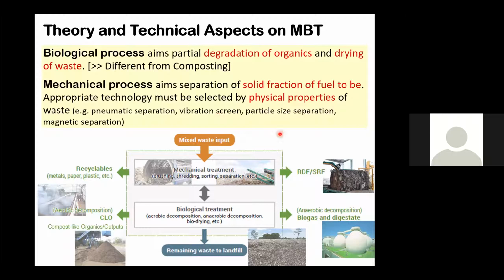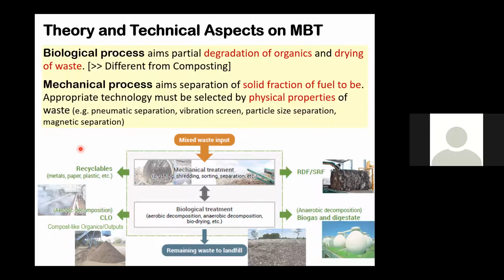And the major point of the output of the MBT system is that it can produce the solid fuel, so-called RDF or SRF. And if the system adopts anaerobic digestion, we can also obtain biogas that is utilized in energy recovery systems. The MBT process can also recover certain recyclables or valuable materials through the separation process.